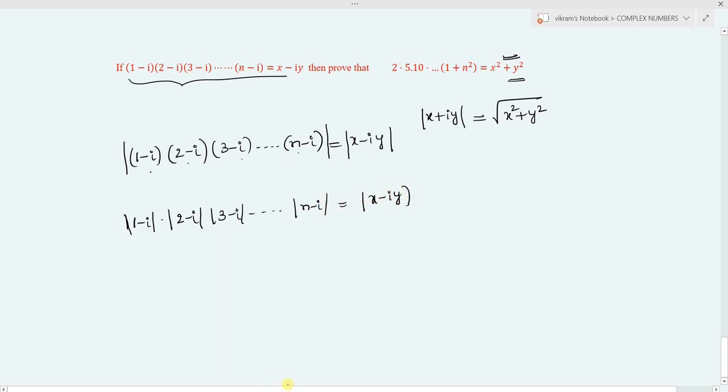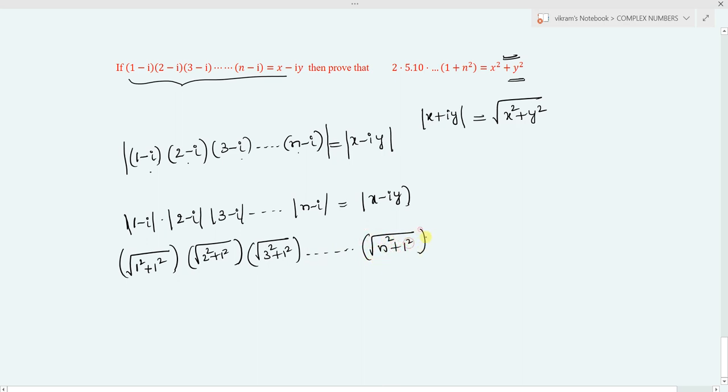Applying the modulus, we get square root of 1 square plus 1 square for the first one, square root of 2 square plus 1 square for the second one, square root of 3 square plus 1 square and so on. Finally, square root of n square plus 1 square equals square root of x square plus y square.